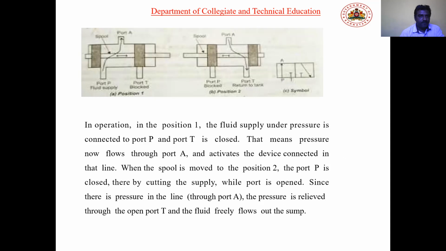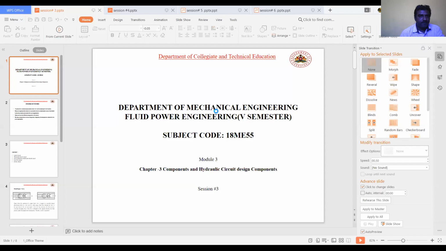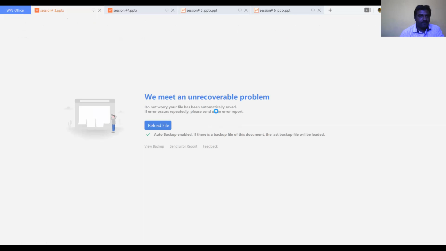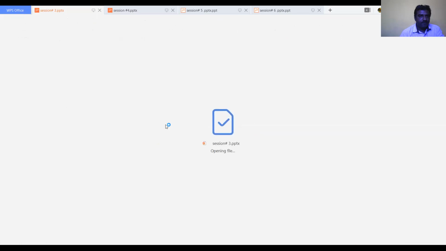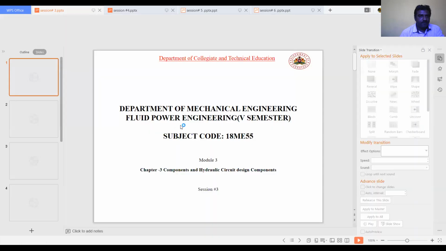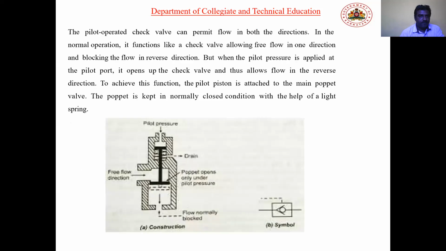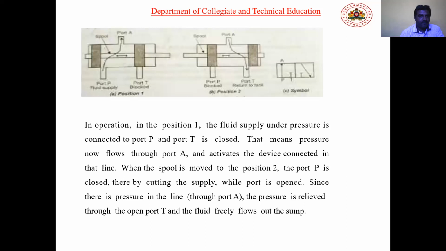In operation, in position 1, the fluid supply under pressure P is connected to port A, and port T is closed.